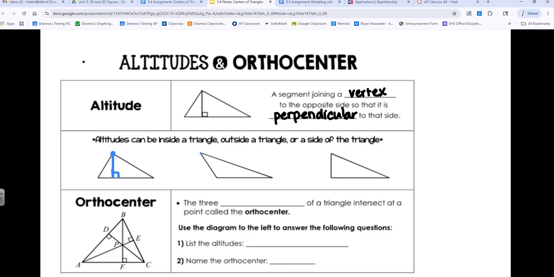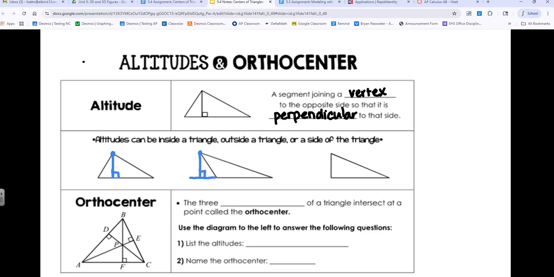But if I try to do an altitude for this next triangle, I cannot connect it to any point on this line right here and make it perpendicular, right? It's got to be too slanty. So what you would have to do here is extend this line out and drop a line straight down.